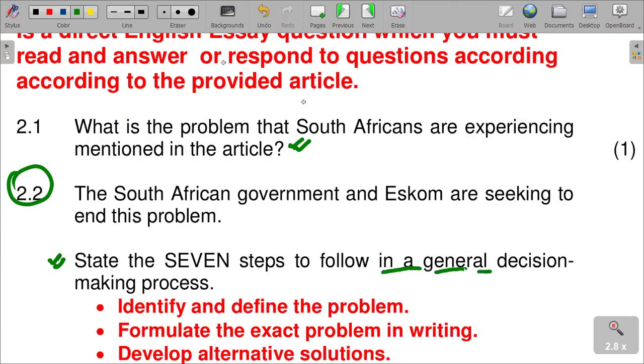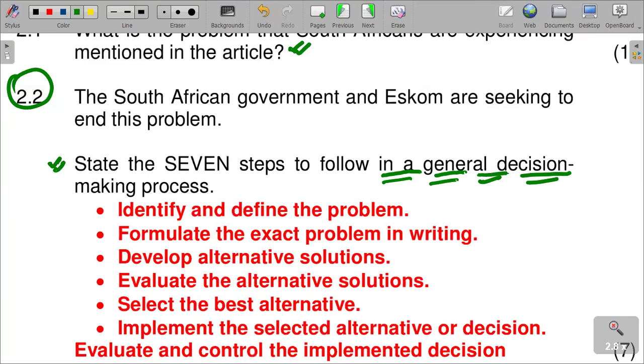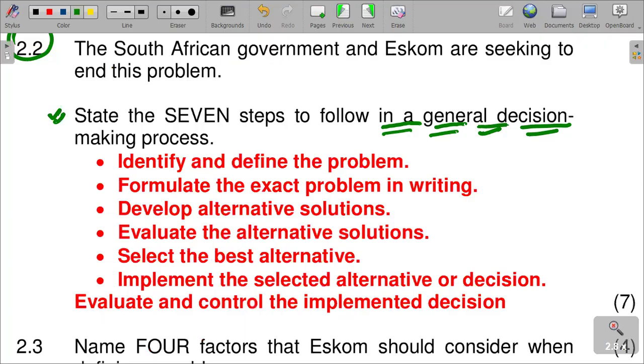This is not confined to the essay, but it's asking what are the 7 steps that must be followed. So in terms of that, decision-making starts with identify and define the problem. That is the first step. You need to identify and define the problem. What is exactly the problem?